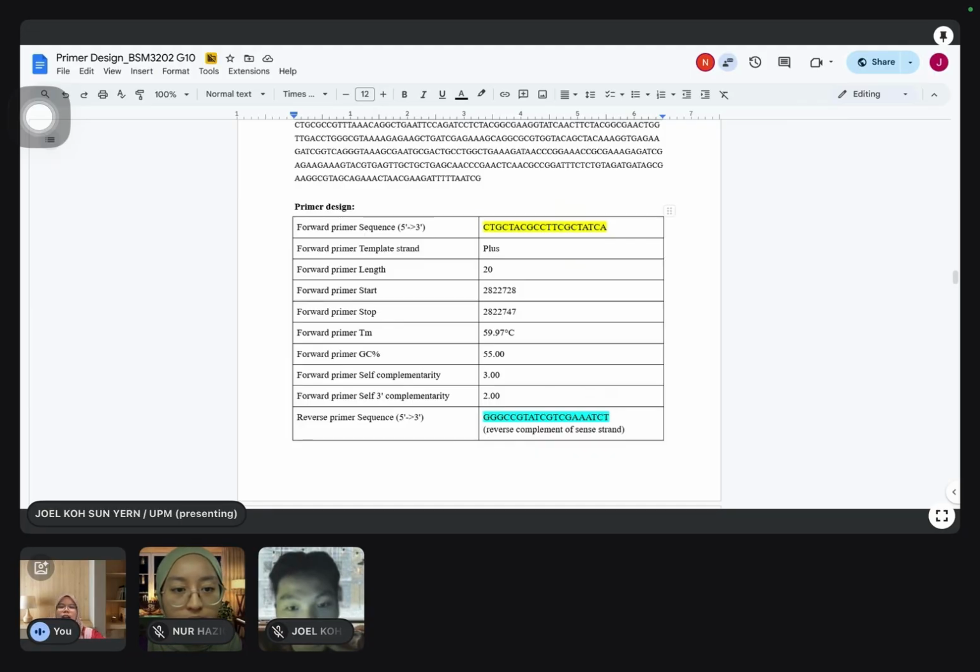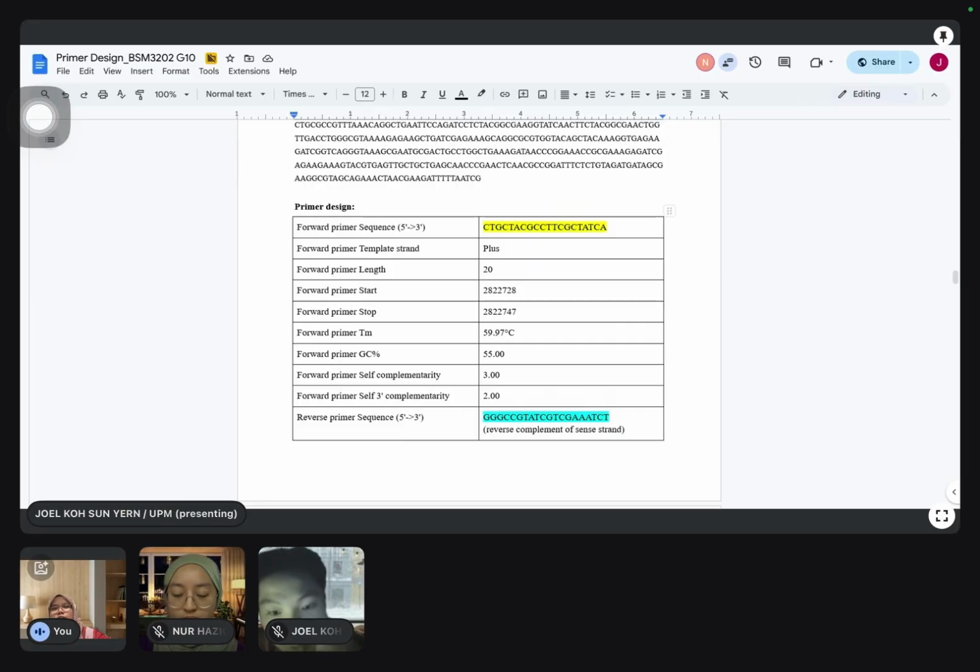And the temperature is also plus, and it has the ideal primer length, which is 20, and it's good because it's in the range of 18 to 30, and 20 is the very ideal number. And then as we can see, the forward primer start and forward primer stop are a large number because this is a very large sequence, so that's why it starts and ends at huge values.